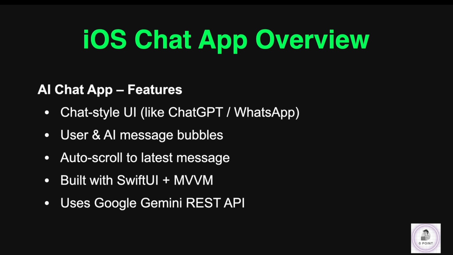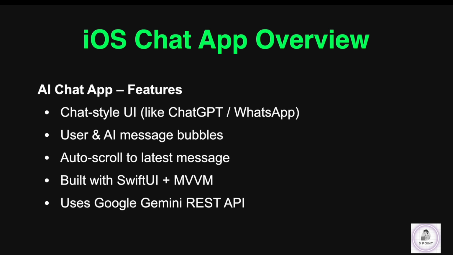We will create an application similar to WhatsApp or ChatGPT; its UI is similar to them. You can search for anything in the text field, and on the basis of your search, the AI agent will provide you a solution.